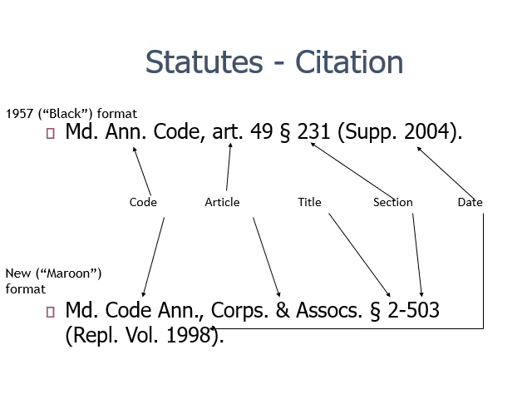We flip the names, and instead of Maryland Annotated Code, it's Maryland Code Annotated, period, comma, space, and now we have another set of abbreviations. This is the subject matter organization of the volumes of the book, and these are the subject matter words that are printed on the spine of the book. Corporations and associations.